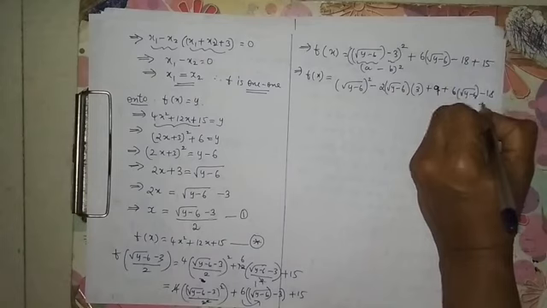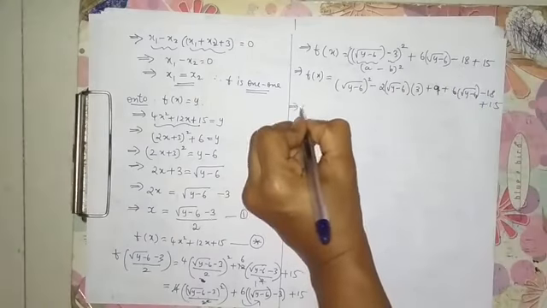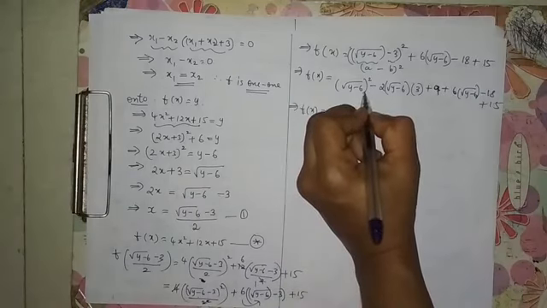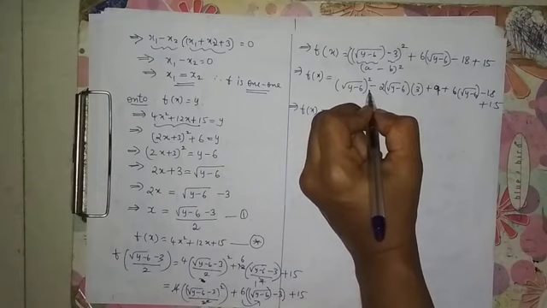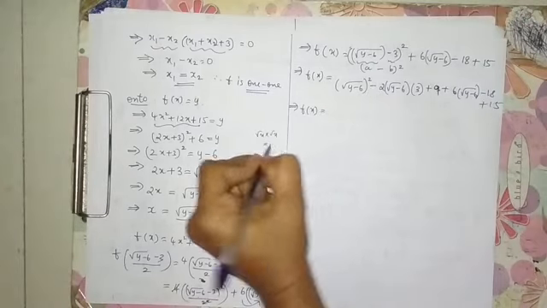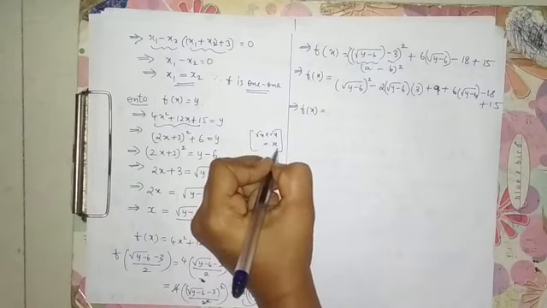Minus 18 plus 15. So that is equal to, implies f of x equal to, root x into root x, what is it, x. Root x whole square, that will be your x. Root x into root x, so that is your x. Similarly, root x whole square will also be x.